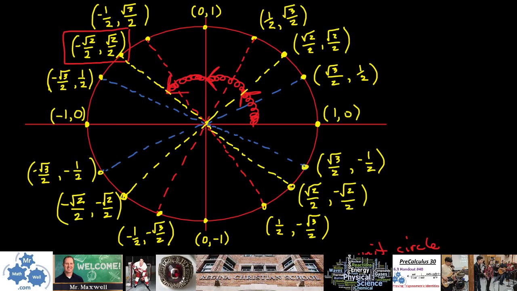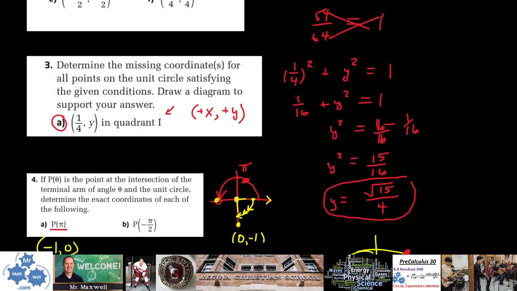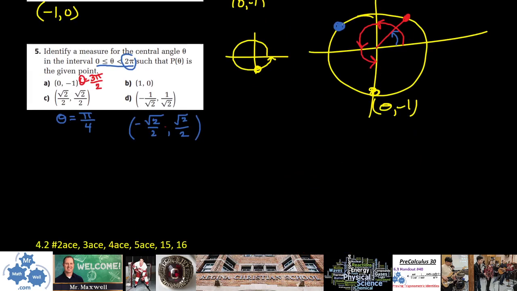So that's a multiple of pi over 4. It's actually 1 pi over 4, 2 pi over 4, and 3 pi over 4. So the angle that is associated with this point is 3 pi over 4 radians. So for D, the angle is 3 pi over 4.